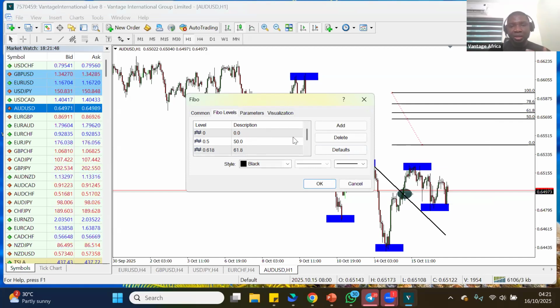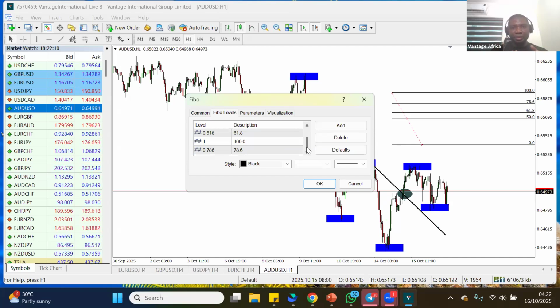You have the 23 level, the 31 level, then the 50 level, the 61.8 level, the 100 level, the 161 level, and the 200 and something level. There are several levels there.